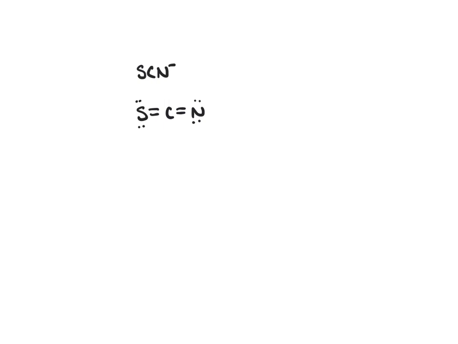So let's see what we might do. So we might move these 2 electrons in here and these 2 electrons out here. That would give us an extra lone pair on the sulfur and a single bond between the sulfur and the carbon. And it would give us an extra bond between the carbon and the nitrogen and 1 less lone pair on the nitrogen. So we could do that.